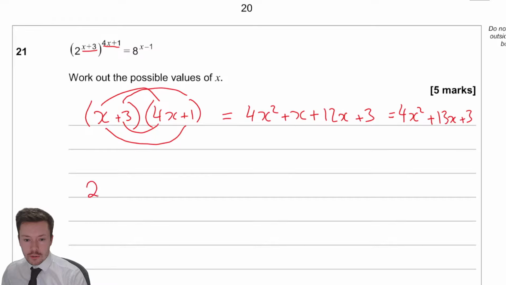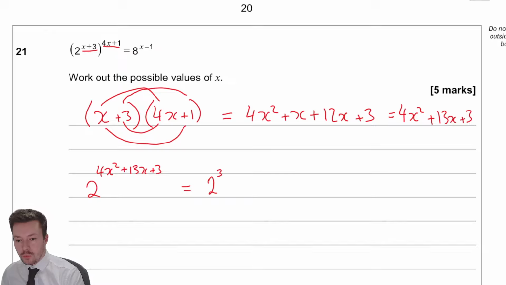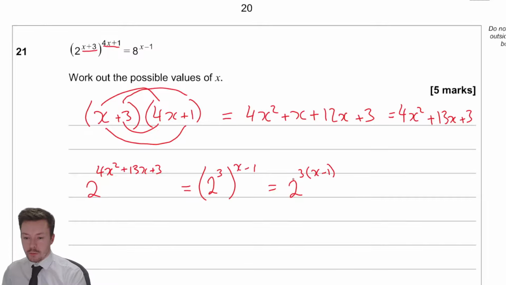So we get 2 to the power of 4x squared plus 13x plus 3 is equal to, now 8 I can write as 2 cubed, and then to the power of x minus 1. So that would be 2 to the power of 3 brackets x minus 1, because you've got to times them together.